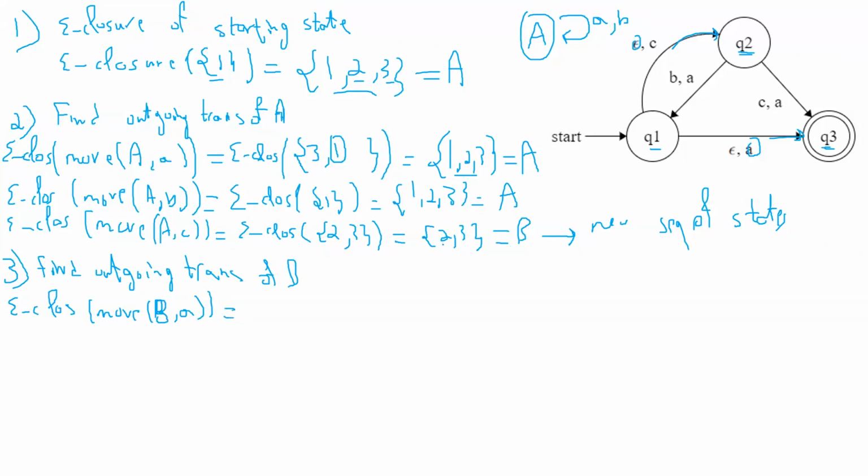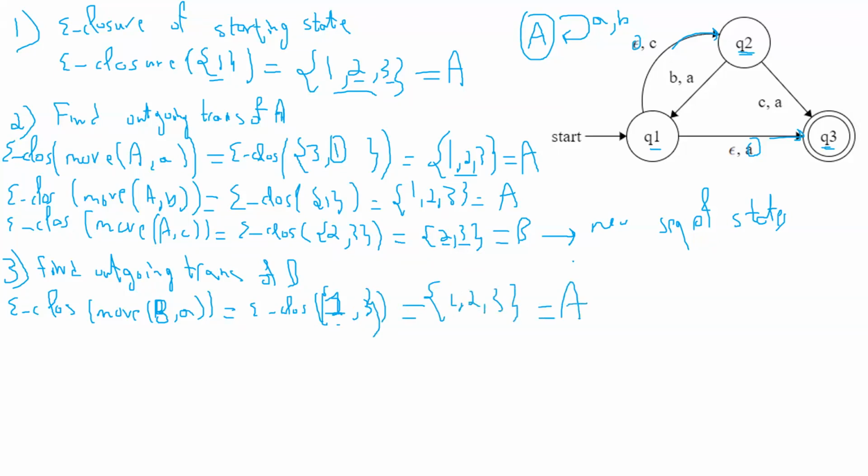But where does 2, 3 go on A? Since 3 again doesn't have any outgoing, we're just going to focus on 2, and it goes to 3 and it also goes to 1, right? So the state 2 has 2 outgoing transitions. It goes to 1, goes to 3. Again, the 1 is inside, so this is basically 1, 2, 3 with the sigma closure.